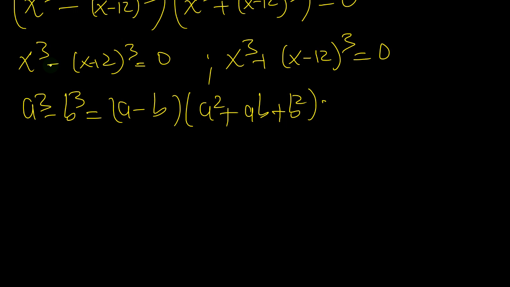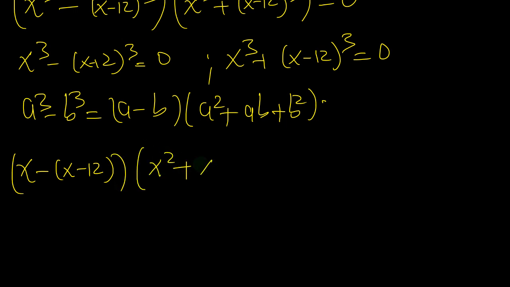Applying this here, we're going to have (x minus 12) multiplied by (x squared plus x times (x minus 12) plus (x minus 12) to the power of 2).